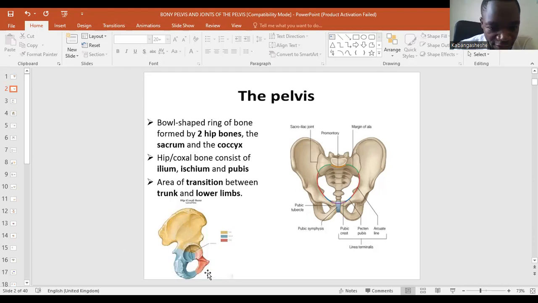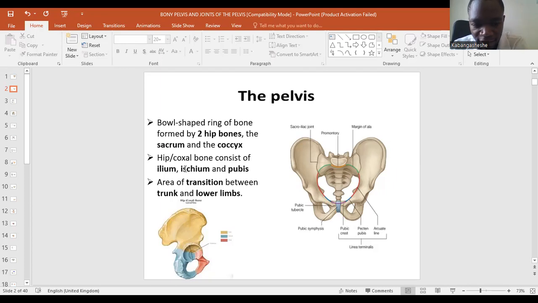The other part to look at is the pubic bone. So the pubic bone is inferior and anterior. This is a red bone that is shown here. Now, there are features found on the pubic bone that are of importance. Number one are the pubic tubercles.